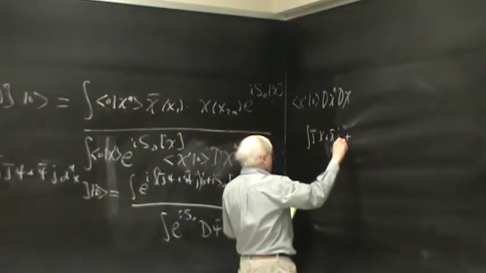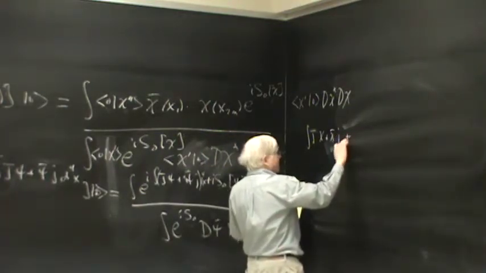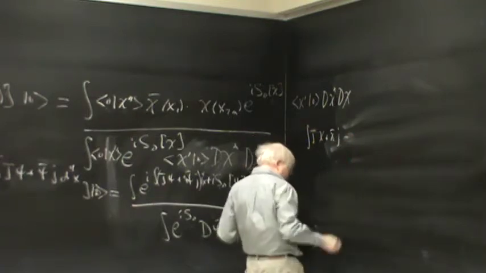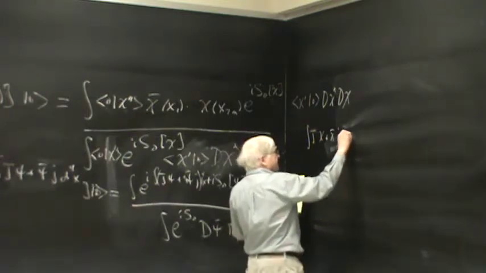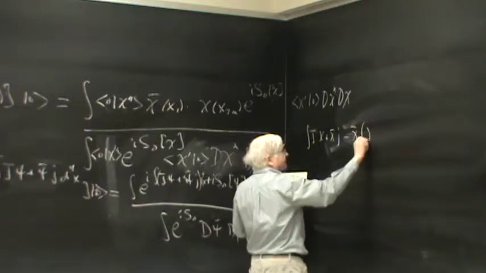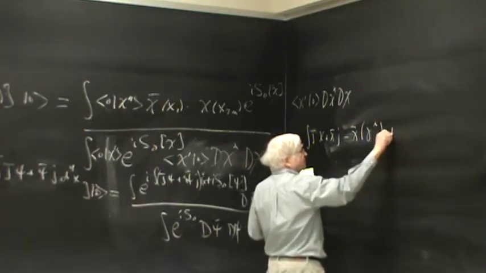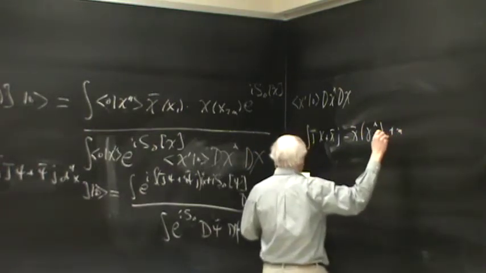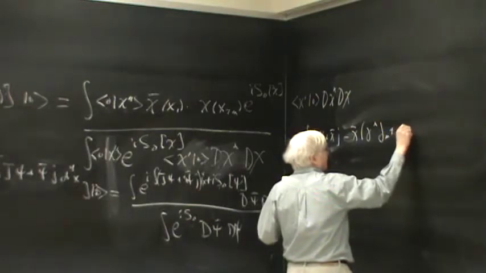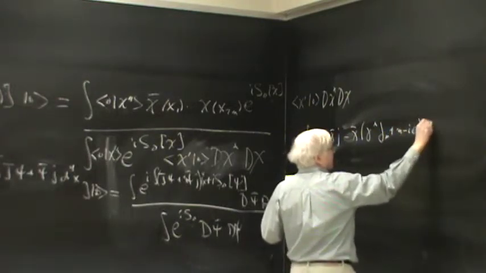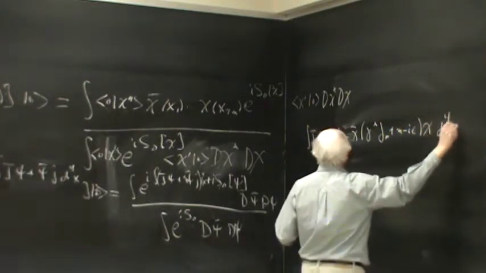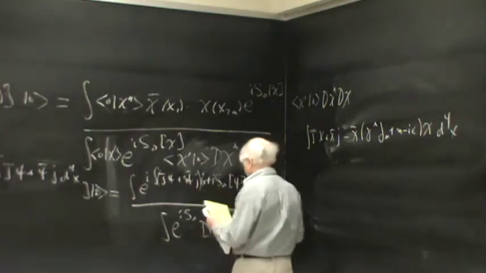So this is then plus the S0, and S0 is that minus chi bar gamma mu d mu plus m. And I can put a minus I epsilon here, chi d4 x. So that's the argument up there.